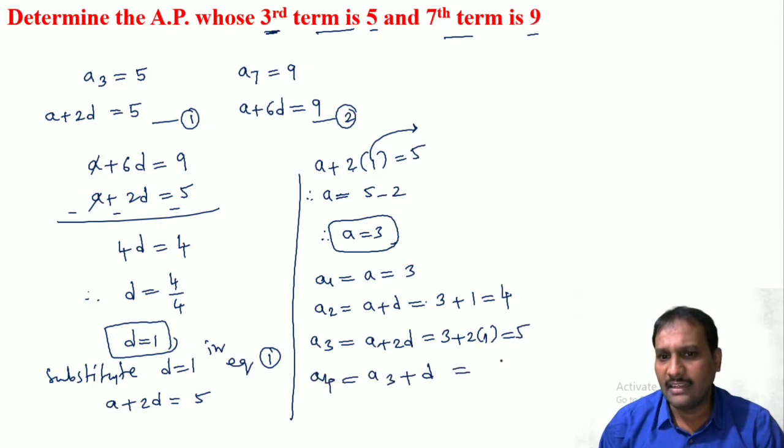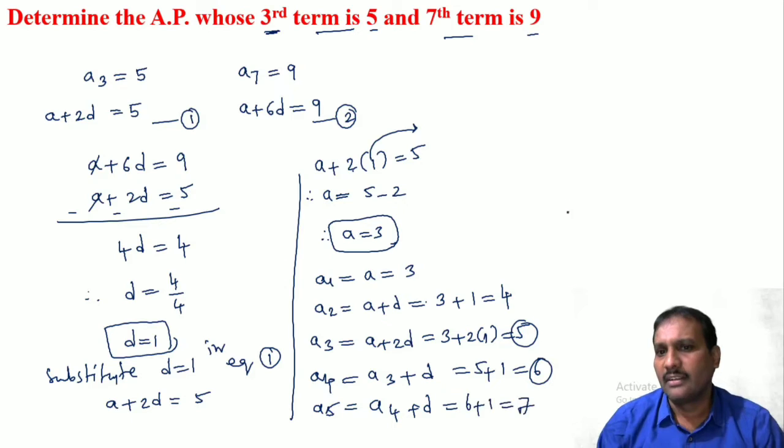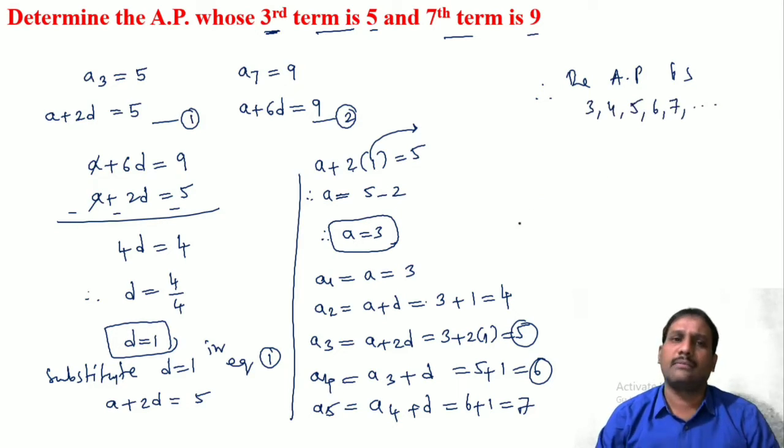What is a3? It is 5. So 5 + 1 is equal to 6. And what will be a5? Yes, a4 plus the common difference d. That is, a4 is 6, 6 + 1, 7. Therefore, the arithmetic progression is 3, 4, 5, 6, 7 and so on.